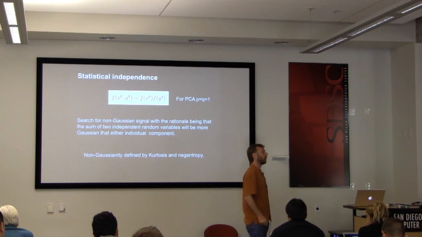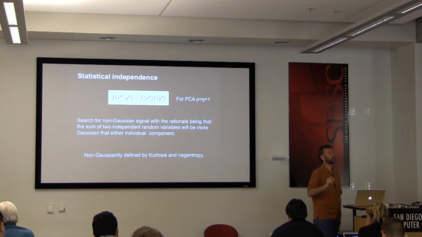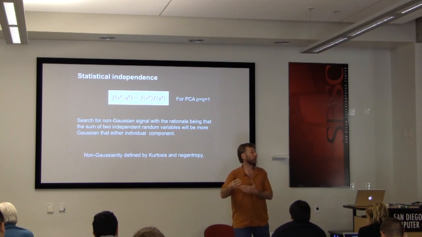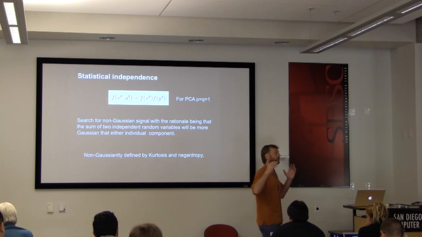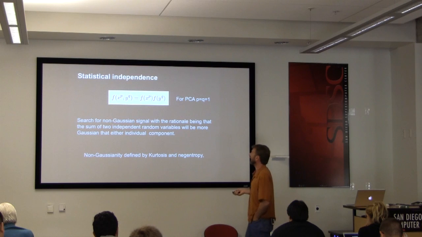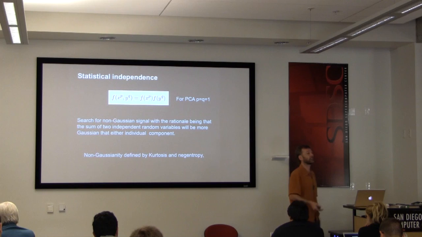Okay? So if adding together random independent vectors produces a Gaussian distribution, if I want to create components that are not random, that are not independent, I want to look for as non-Gaussian a signal as possible. Okay? And so what I'm going to do is to try and take these data and look for non-Gaussianity.